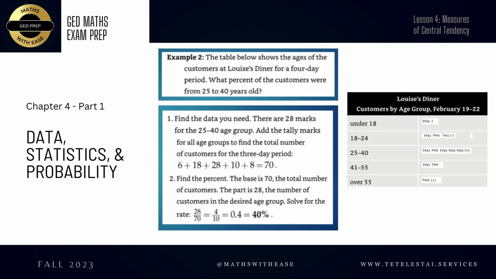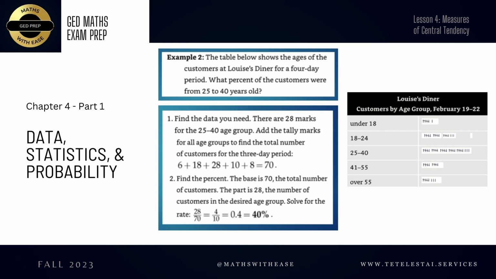Okay. And another way of thinking about this question would be, let's say that you own a store, okay? And you're trying to figure out how many people between the age group of 25 and 40 came to your store within a 4-day period, okay? And so you would start by finding the part, which is the number of people between the age of 25 and 40 that came to your store.